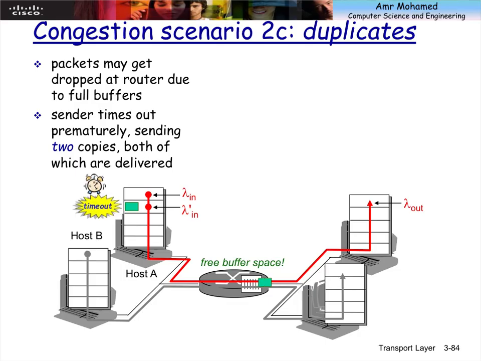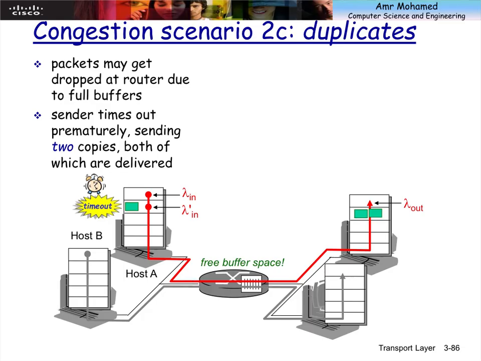I will send again, even though the buffer was not full, because the timeout was premature. It's just that the segment was delayed. It was not lost. That's one of the scenarios as well. So the timeout was premature, I sent the segment again, and the result is these two segments are effectively one segment, but they arrive as duplicates.